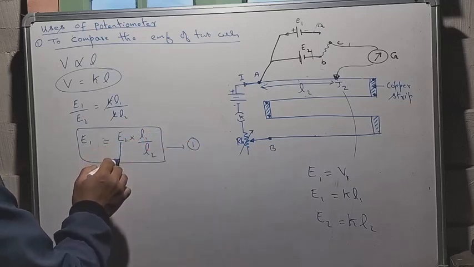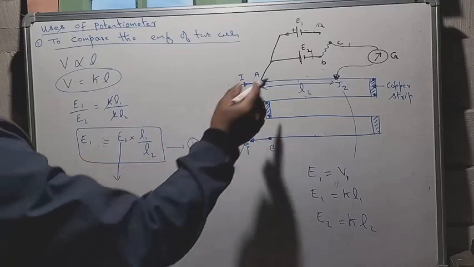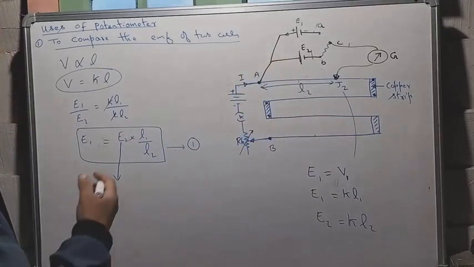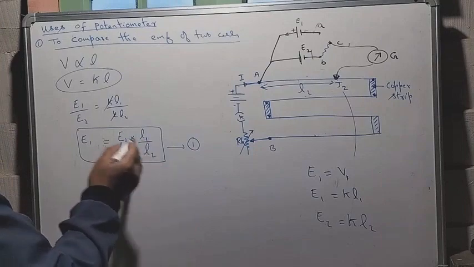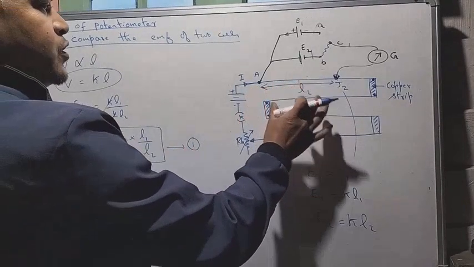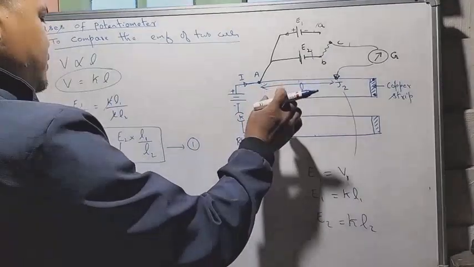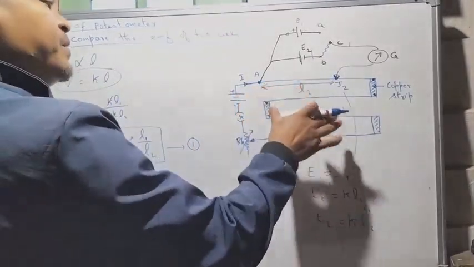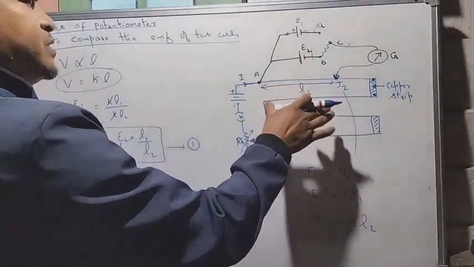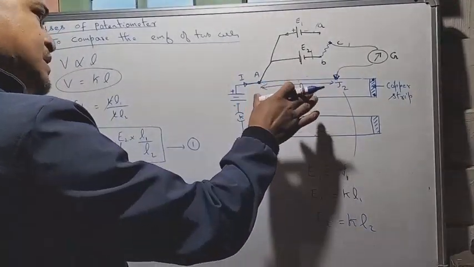If this EMF E2 is a standard cell whose value is known, then L1 and L2 are the lengths of the wire, which can be read from the scale on the potentiometer itself.